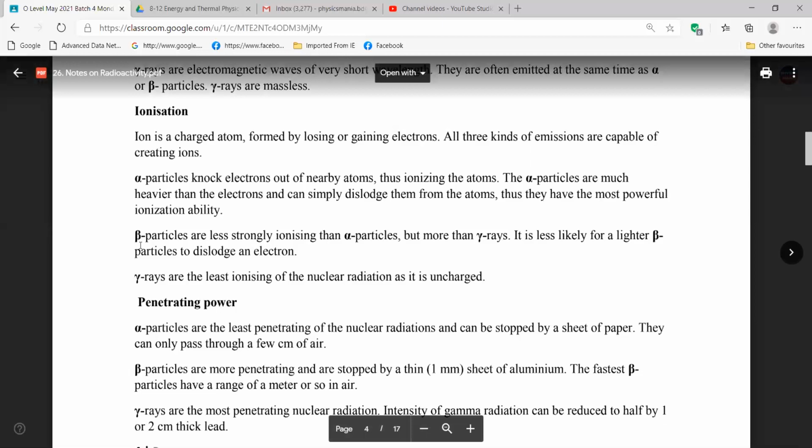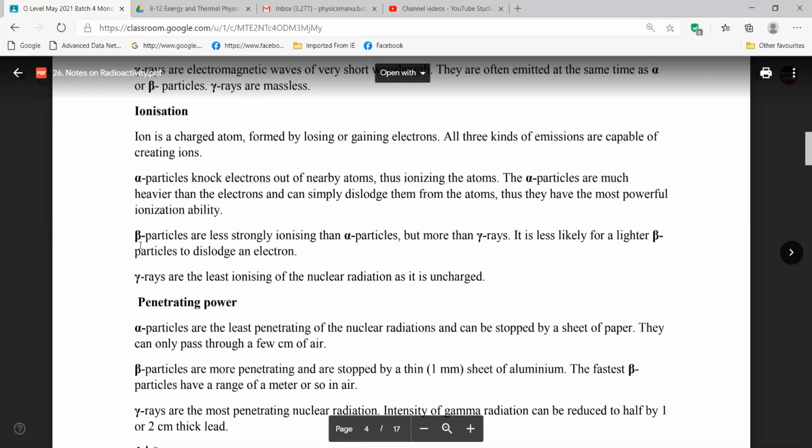Beta particles are less strongly ionizing than alpha particles, but more than gamma rays. It is less likely for a lighter particle to dislodge an electron.